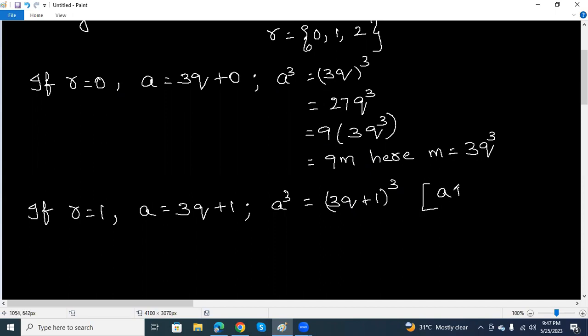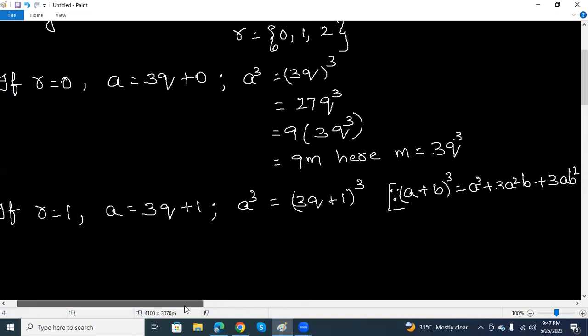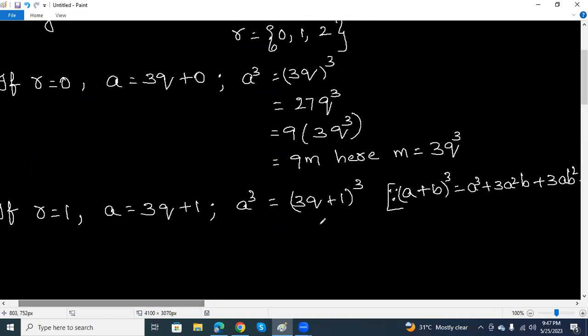What is the a plus b whole cube formula? a cube plus 3a square b plus 3ab square plus b cube. This is the formula. So we will expand this using the formula.